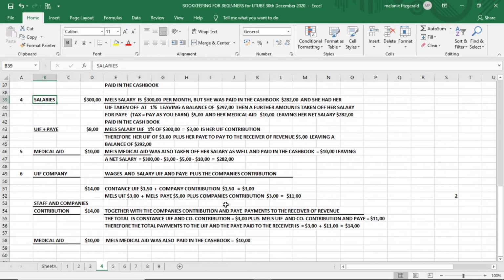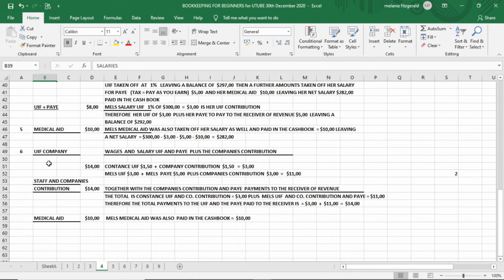Now the company also has contributions. The UIF for the company, wages and salary, UIF and pay as you earn plus the company's contribution, comes to $14. Let's start with Constance. Constance is $1.50. That's her UIF, plus the company contribution of $1.50. The company contributes equally to the UIF.